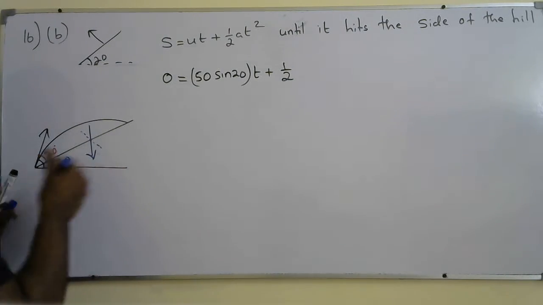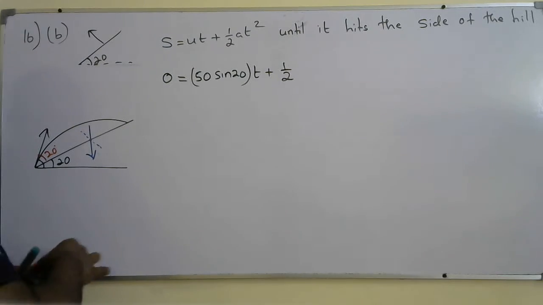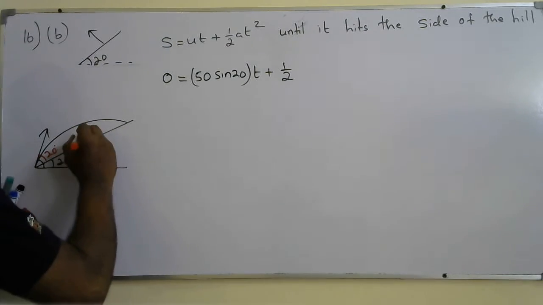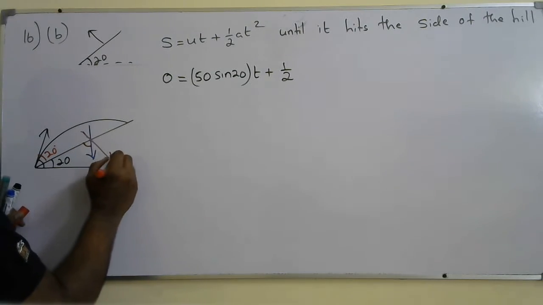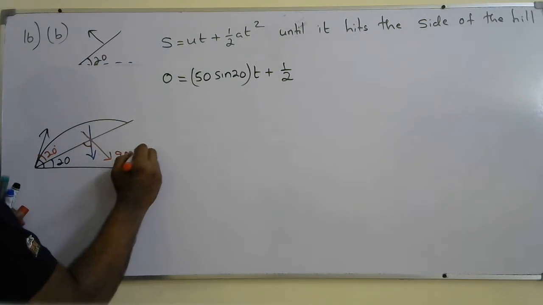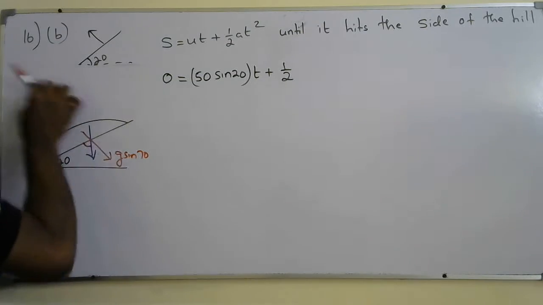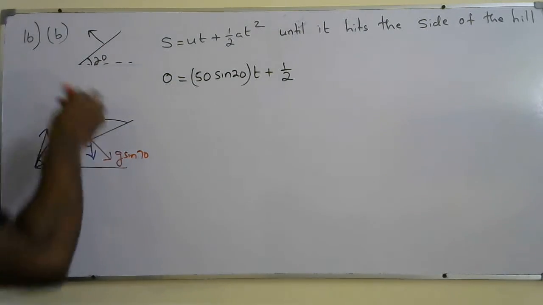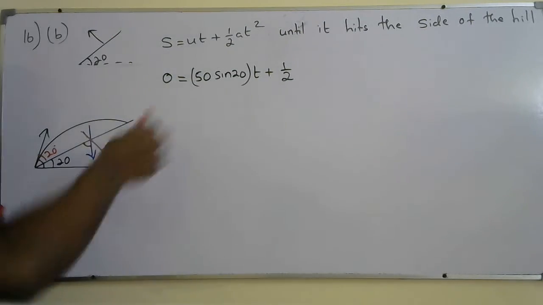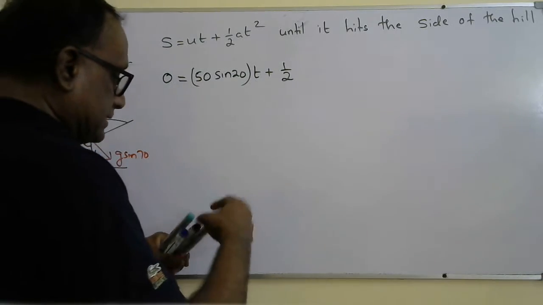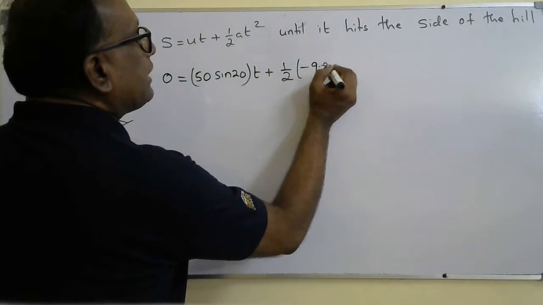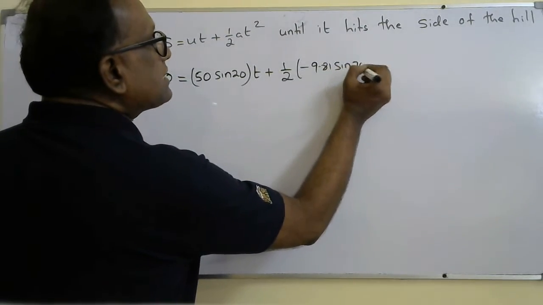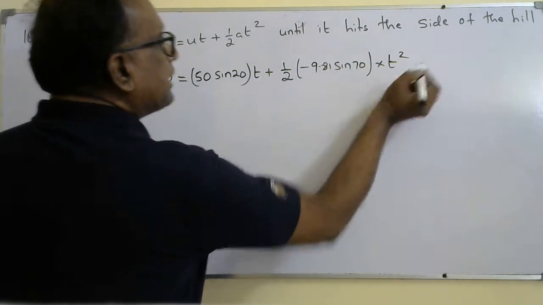This angle is 70, so this will be g sine 70. I am using upwards as positive, but this is downwards, the opposite, so there should be a minus: minus half times 9.81 sine 70 times t squared.